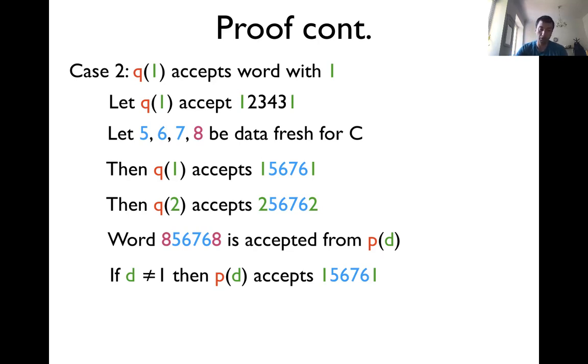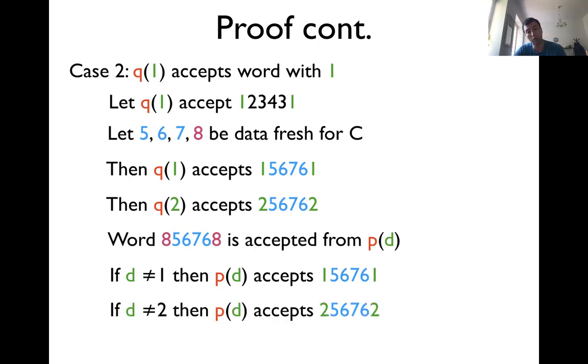But what if D is equal to 1? We can show that if D is equal to 1, so in particular it's different than 2, then P of D accepts this other word, 2, 5, 6, 7, 6, and 2, because P of D then does not distinguish between 2 and 5. And we also have a contradiction.